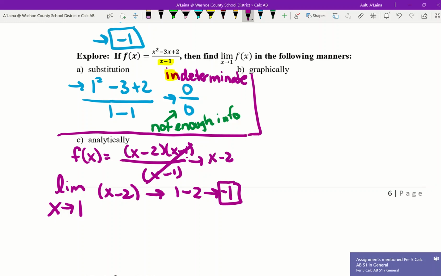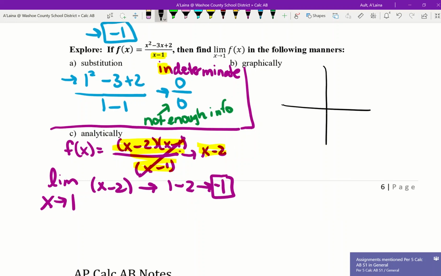It is very helpful to take a look at this graphically. If I were graphing this, I would go back to this process right here and recognize that this is the line y equals x minus 2, which I do know how to graph. It has been a while since we've been in school, but that's how we graph the line y equals x minus 2.